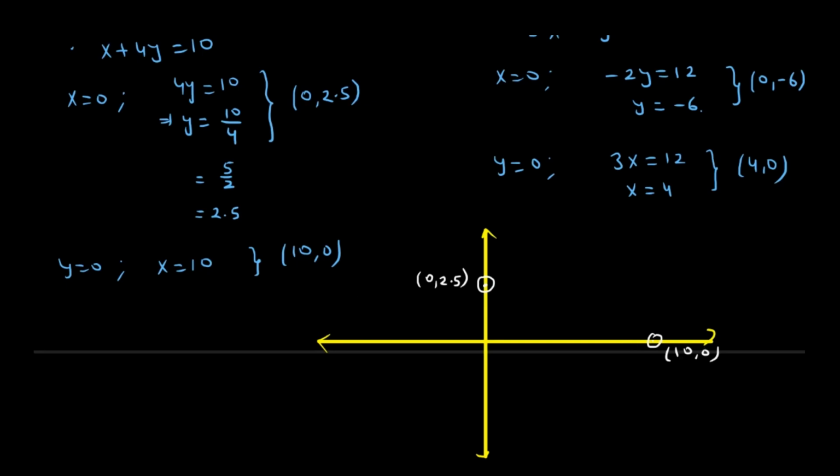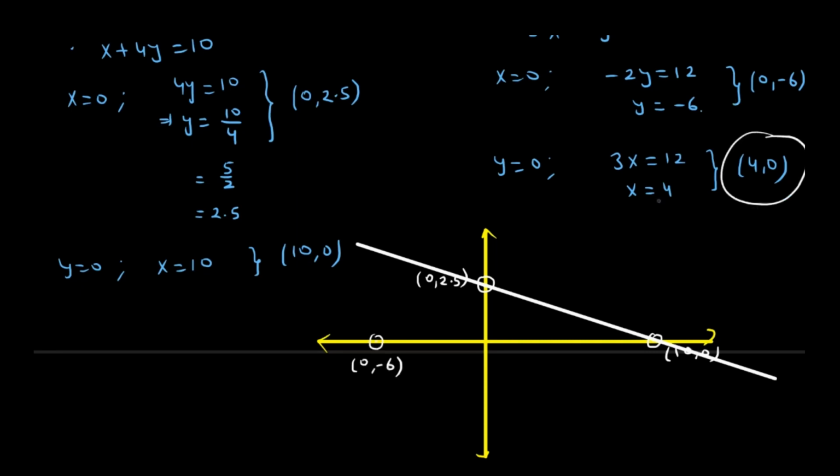And the line is going to look something like this. When we talked about 0 comma negative 6, it is somewhere over here. And then we have 4 comma 0, which will be somewhere over here.